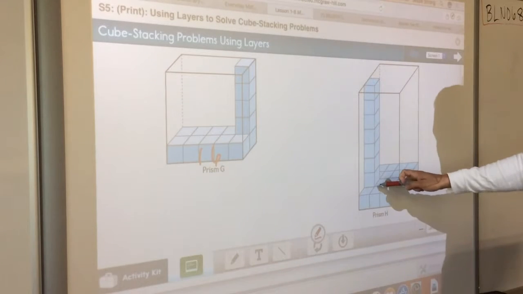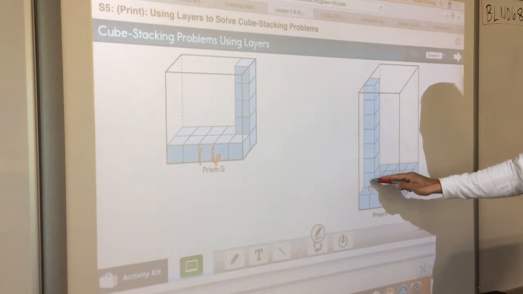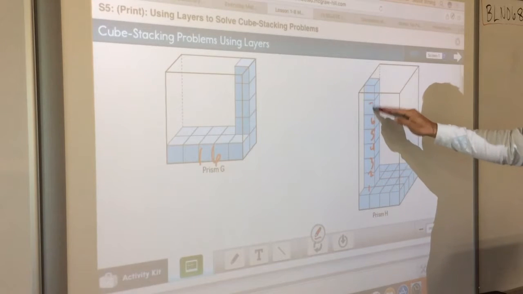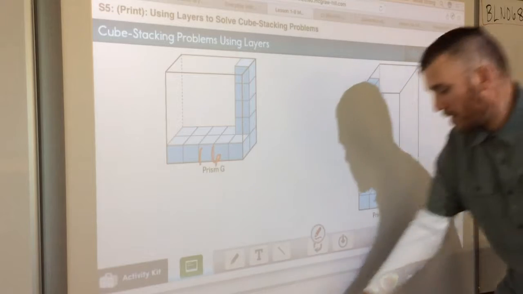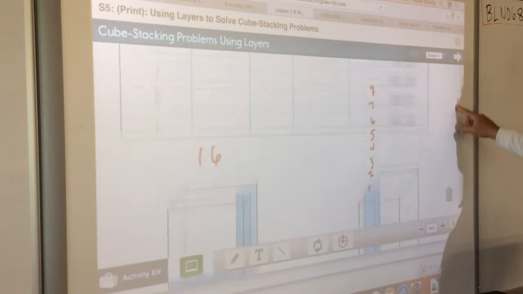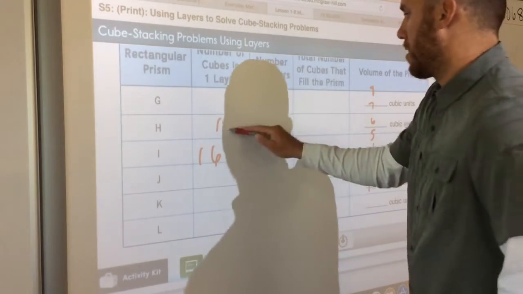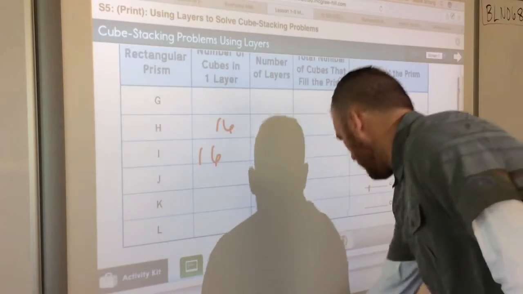Okay, we know there's one got to be underneath here because it's stacked. So we have 1, 2, 3, 4, 5, 6, 7, 8. So there's 8 going up. So we have to come back up here and write down 8.